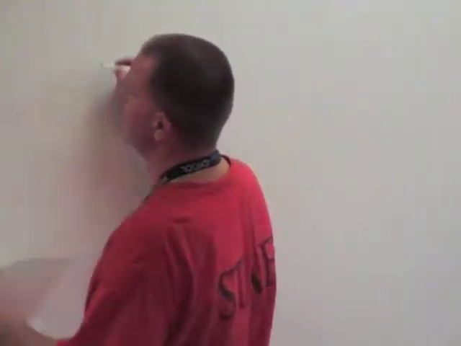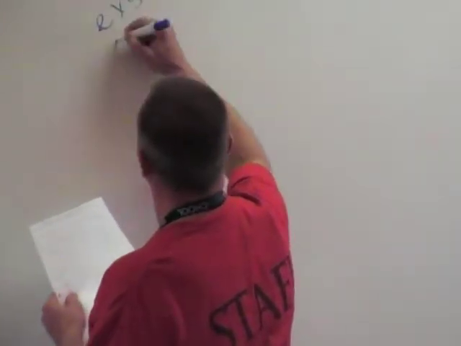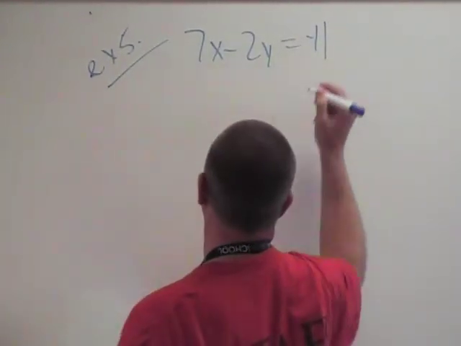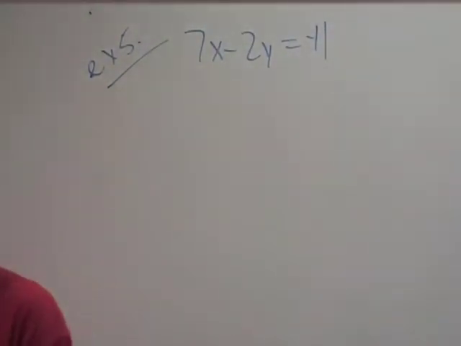Okay, Example 5. Everybody graph this on your own. 7x minus 2y equals -11. I'll give you 1 minute.